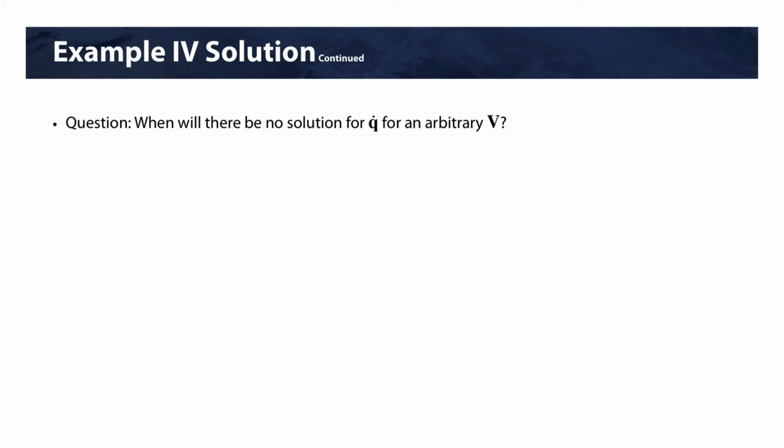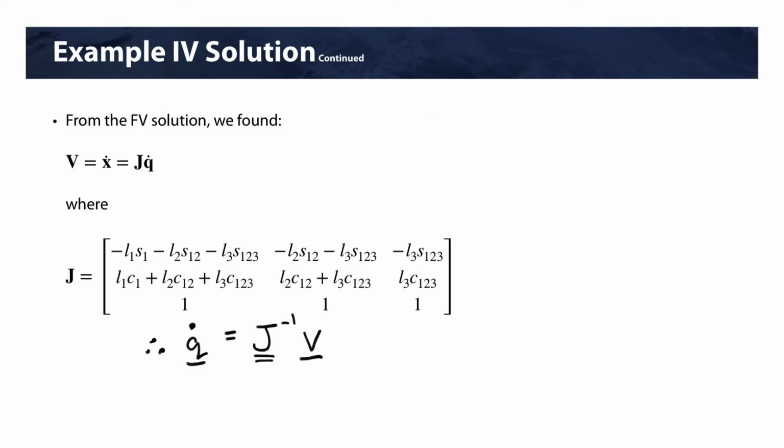So a question to ask is, when will there be no solution for Q dot for some arbitrary velocity V? Well, we know from our linear algebra that in order to have an inverse of a matrix, the determinant of it cannot be 0.